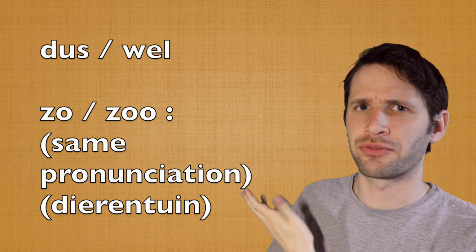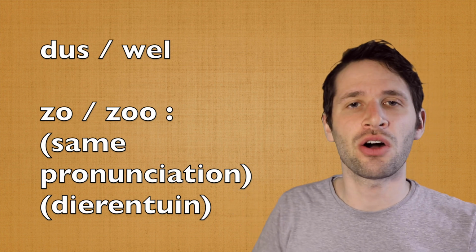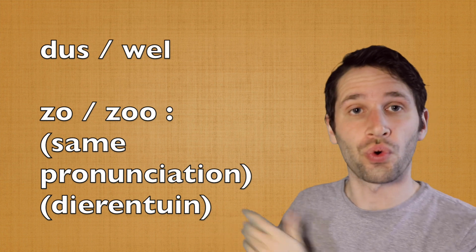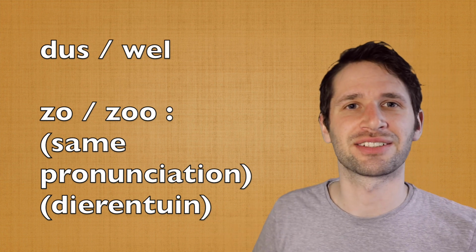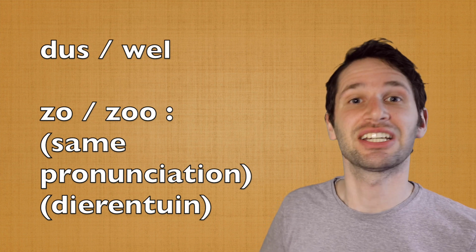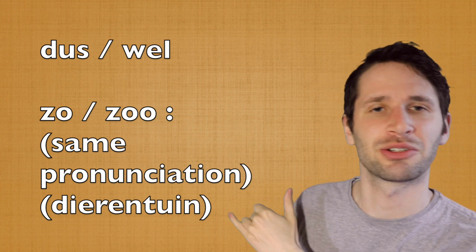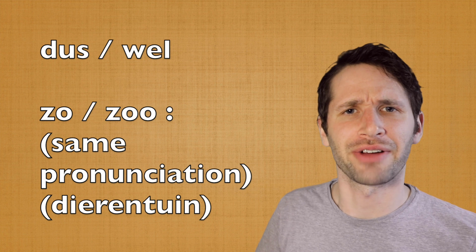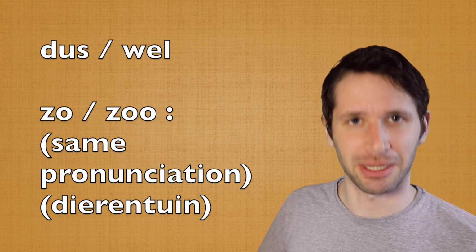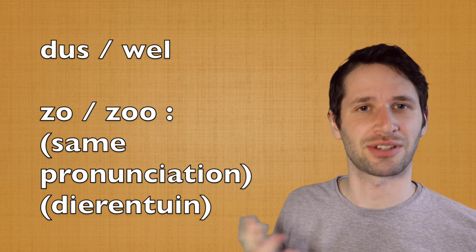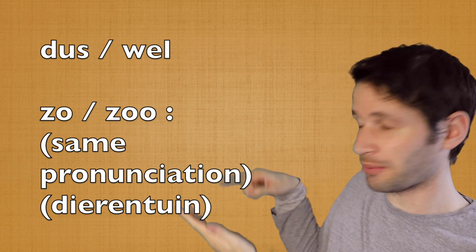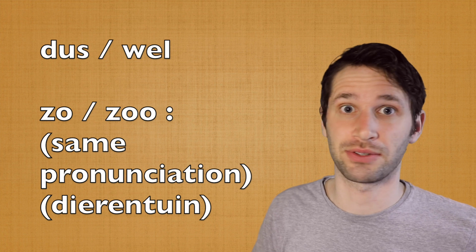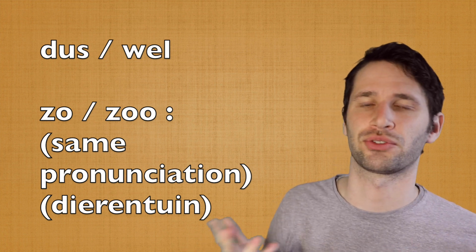Why is there a bit of confusion there? Because there is also a word "zo" in Dutch. Zo. And with a double O, that's a zoo, a "dierentuin". That's literally the garden of animals. But we're not talking about the zoo. We're talking about "zo". That's why some people are a bit confused, because they're very similar, "zo" and "so".